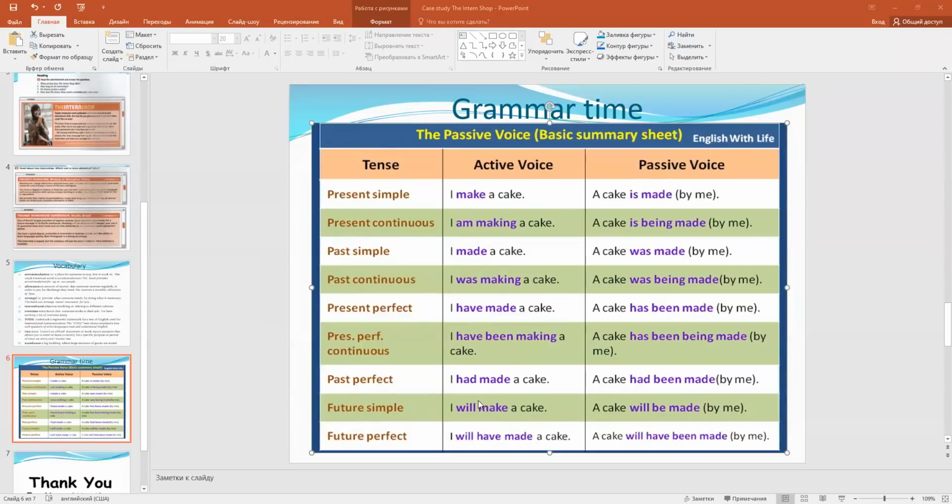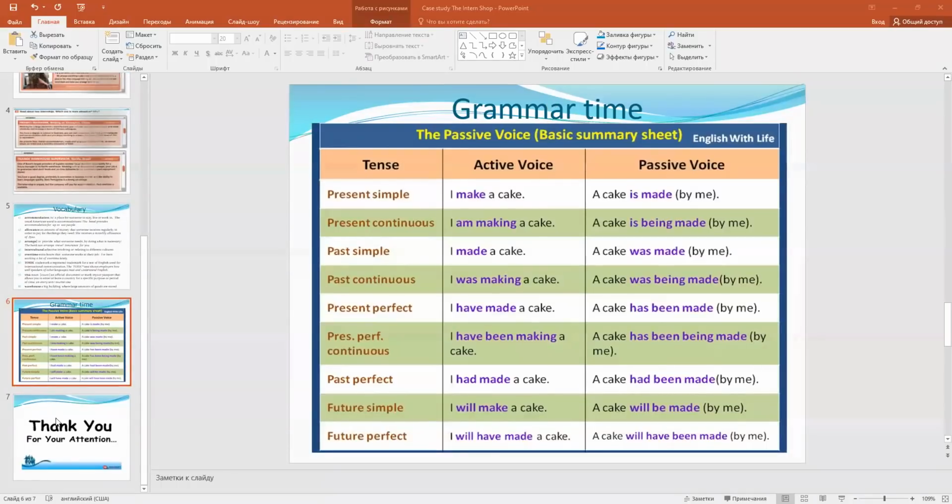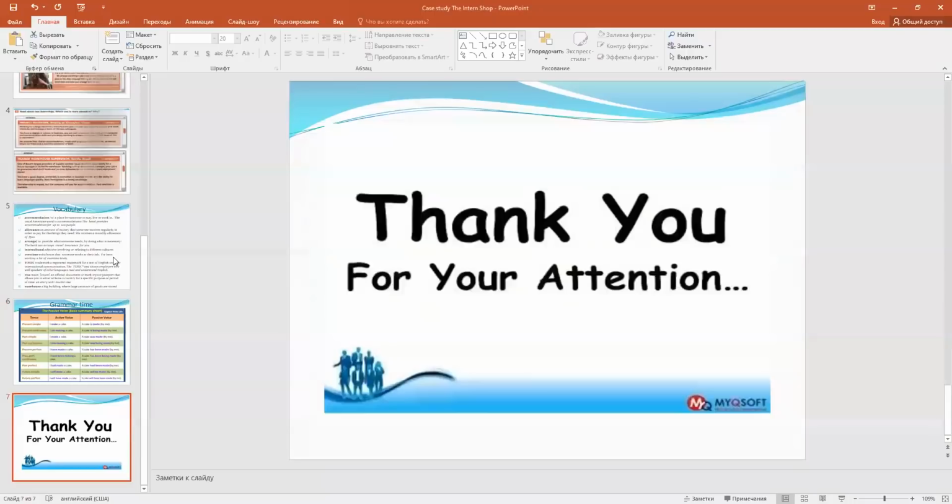Yes, students? Much more active voice sentences are in these tenses. All right, and the time is going to be over. Do you have any questions about this lesson?